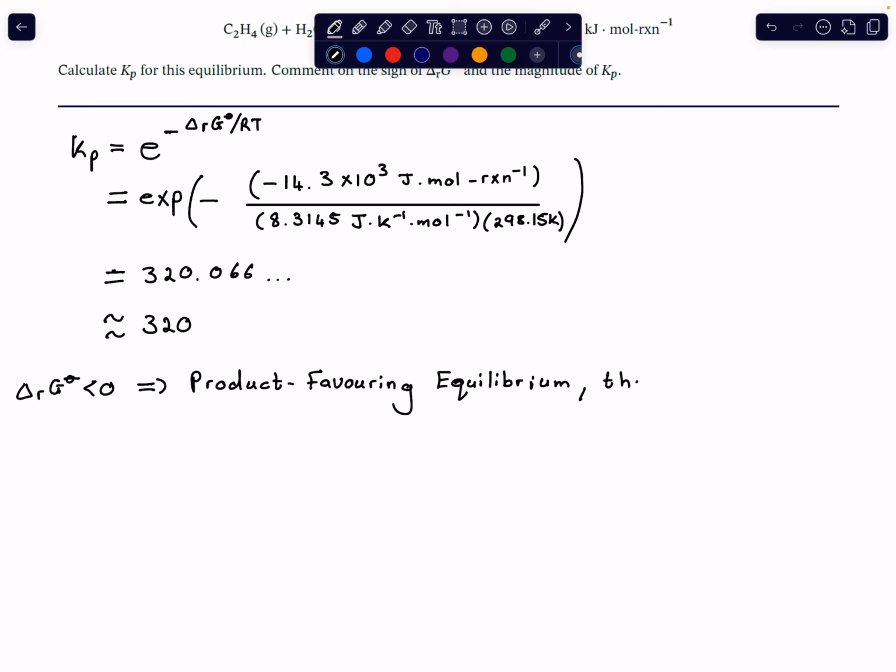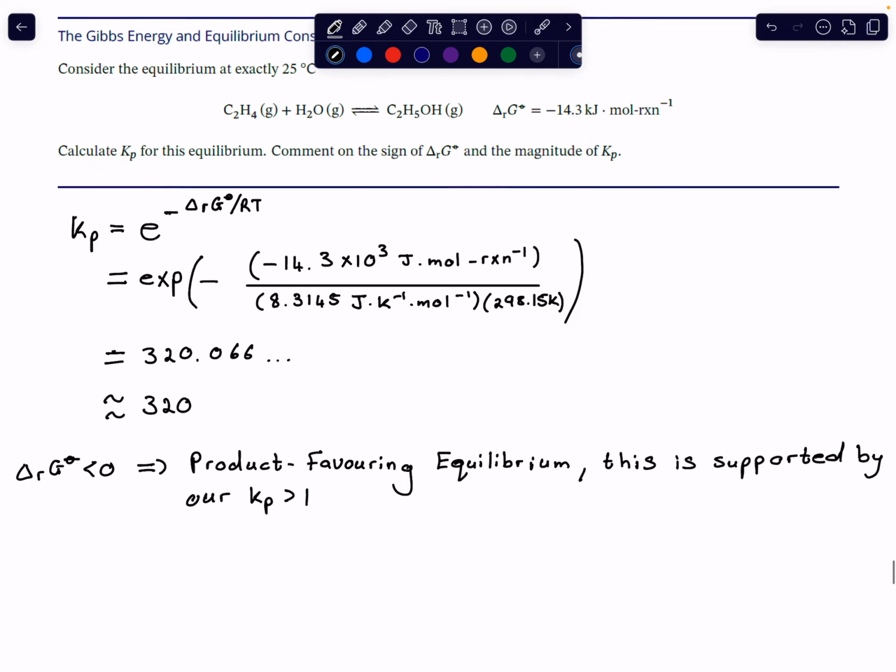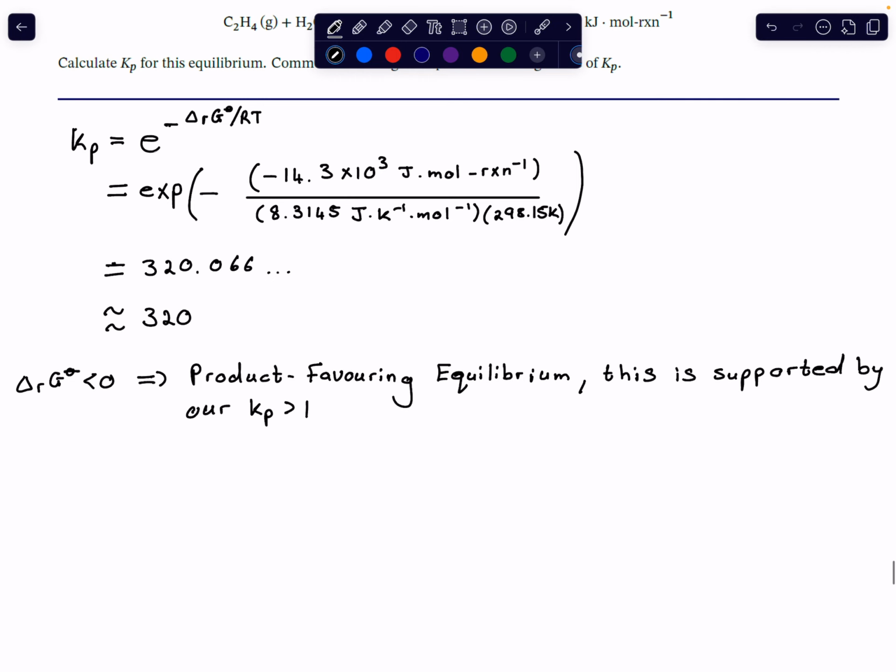This is supported by our Kp being larger than 1. It's not much larger than 1, but also our delta rG naught is not excessively less than 0.